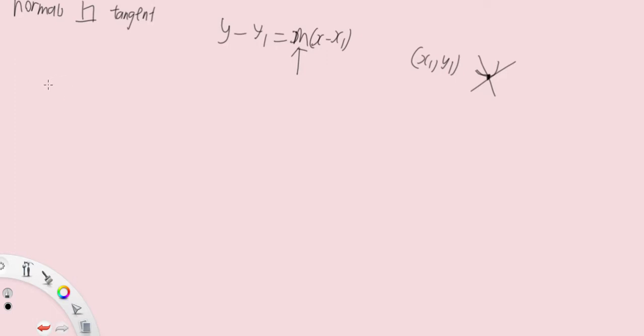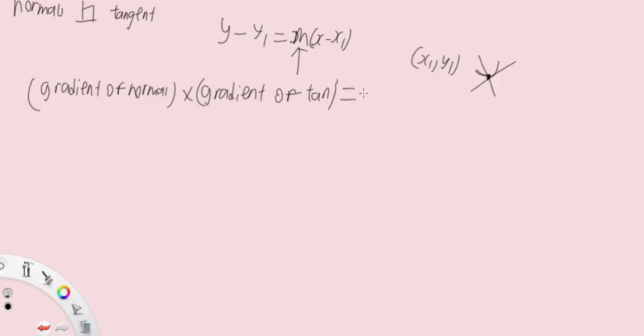It's actually through this identity. Gradient of normal multiplied by the gradient of the tangent equals minus 1. And this is just important, alright?